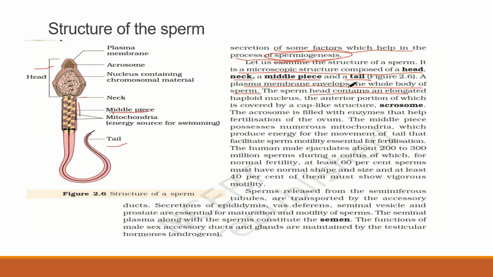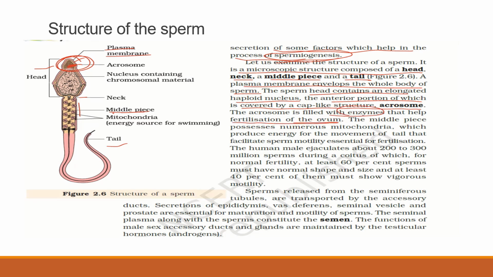The sperm's head contains an elongated haploid nucleus, the anterior portion of which is covered by a cap-like structure called the acrosome. The entire sperm is enveloped by a plasma membrane. Now this acrosome tip is filled with enzymes that help in the fertilization of the ovum.